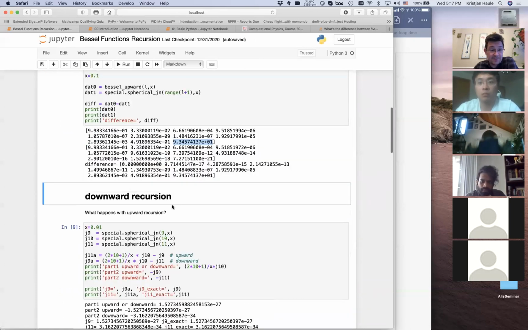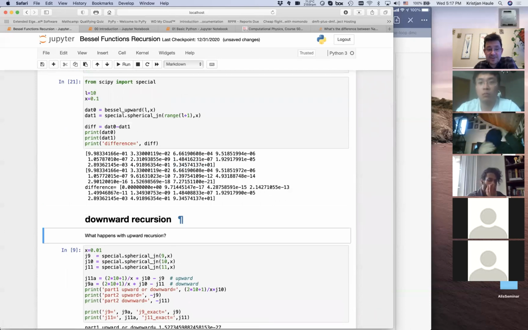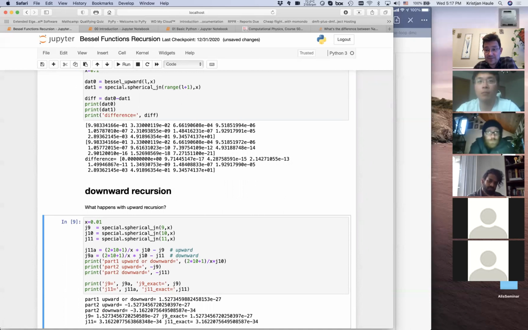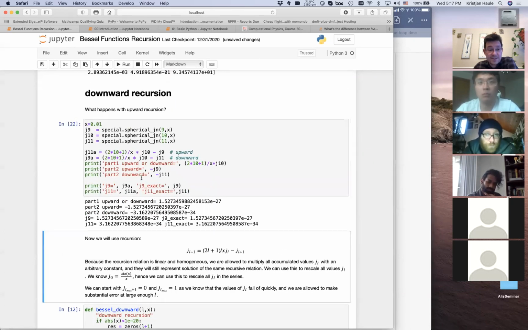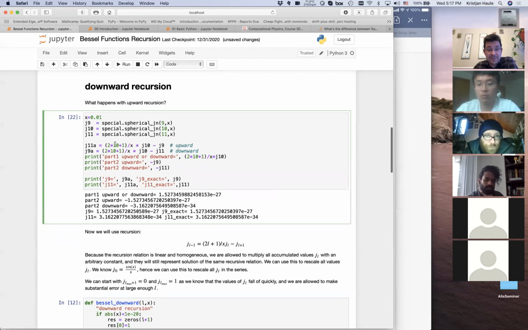For this, we realize that we actually need so-called downward recursion because the upward recursion doesn't work. But let me demonstrate. Here I prepared just one step of the recursion to give you a feeling for what goes wrong.